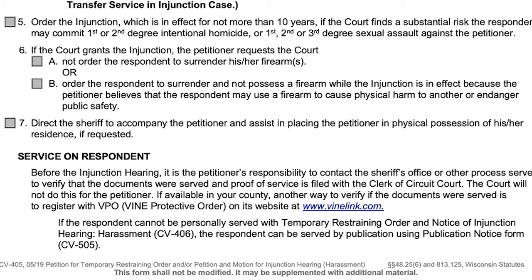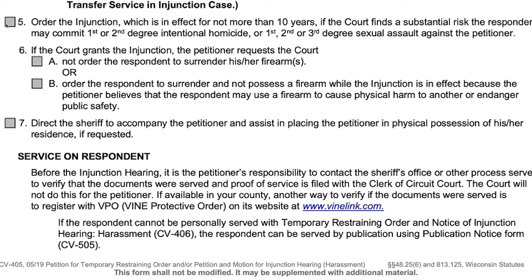Paragraph 5 is where you can ask the court to order the injunction, which is in effect for not more than 10 years, if the court finds that a substantial risk the respondent may commit first or second degree intentional homicide or first, second, or third degree sexual assault against the petitioner. This turns on the facts of your situation.